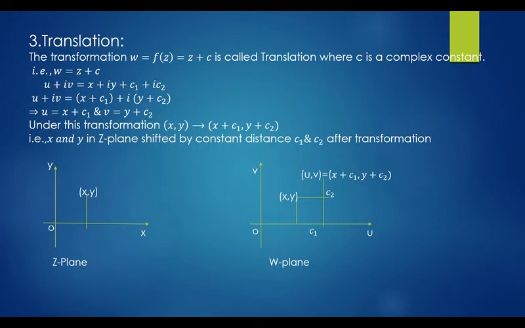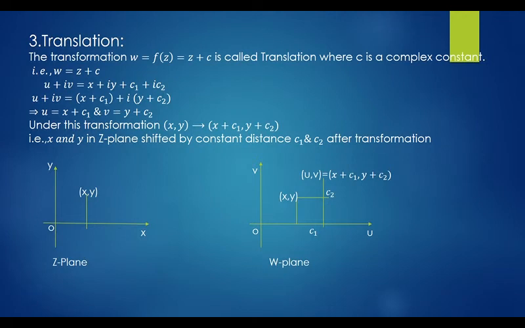Substitute W as u plus iv, z as x plus iy and c as c1 plus i c2. On the right hand side, simplify by taking real part and imaginary part separately. On comparing both sides, we get u equals x plus c1 and v equals y plus c2.